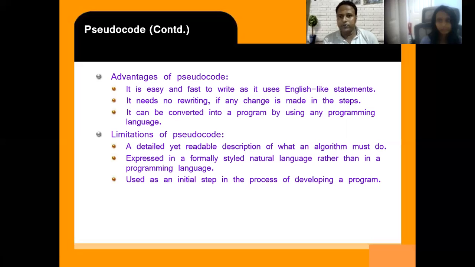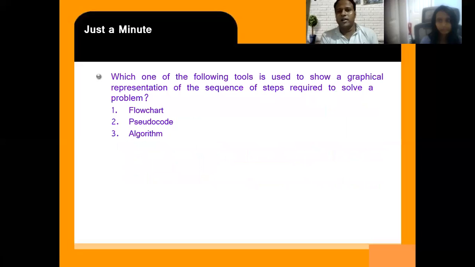So now it is just a simple question for you. Which one of the following tools is used to show the graphical representation of the sequence required to solve a problem? To show a graphical representation of the sequences and steps required to solve a problem.